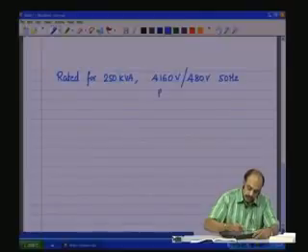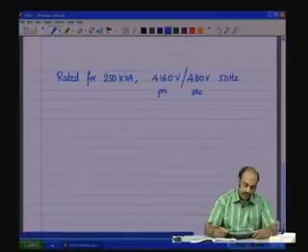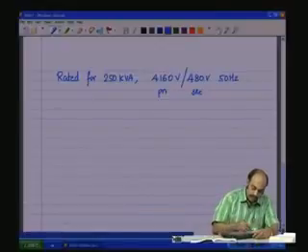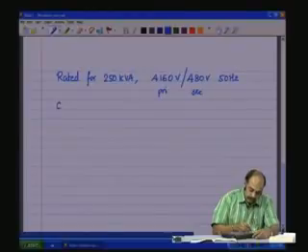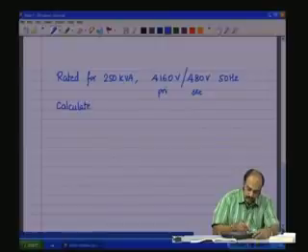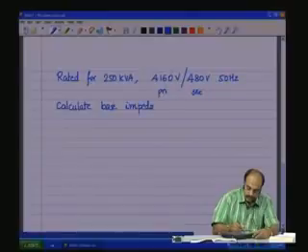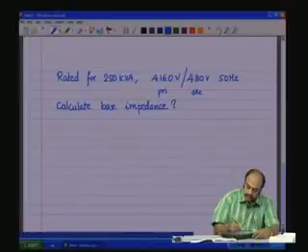So this is the primary and this is the secondary rating. Okay. So now the question is, we need to calculate the base impedance.